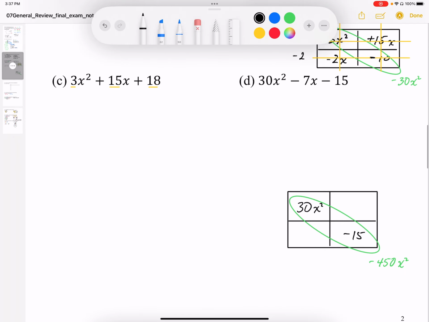For part C, it's important to recognize that we have a common factor in all three terms, and you have to factor that first. So we're going to factor that greatest common factor of 3 out first. And we're going to make sure we show it with multiplication.